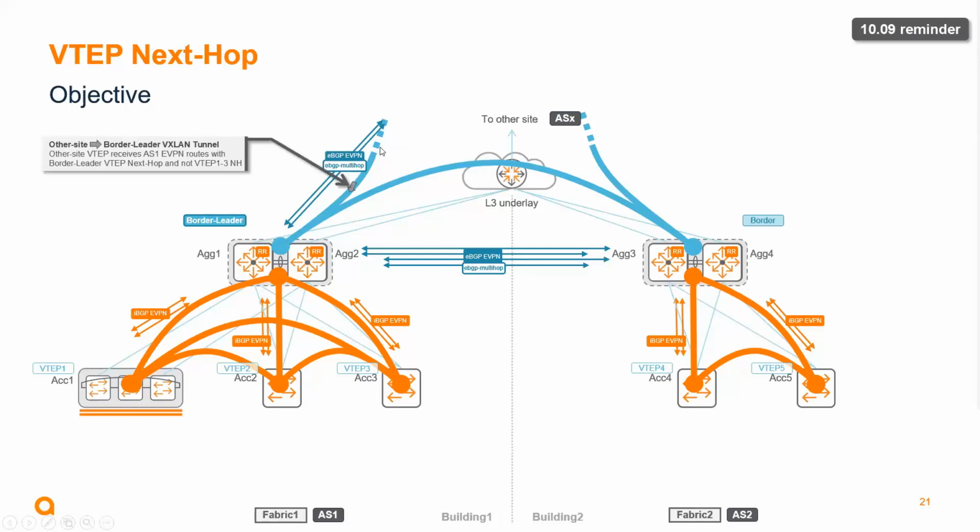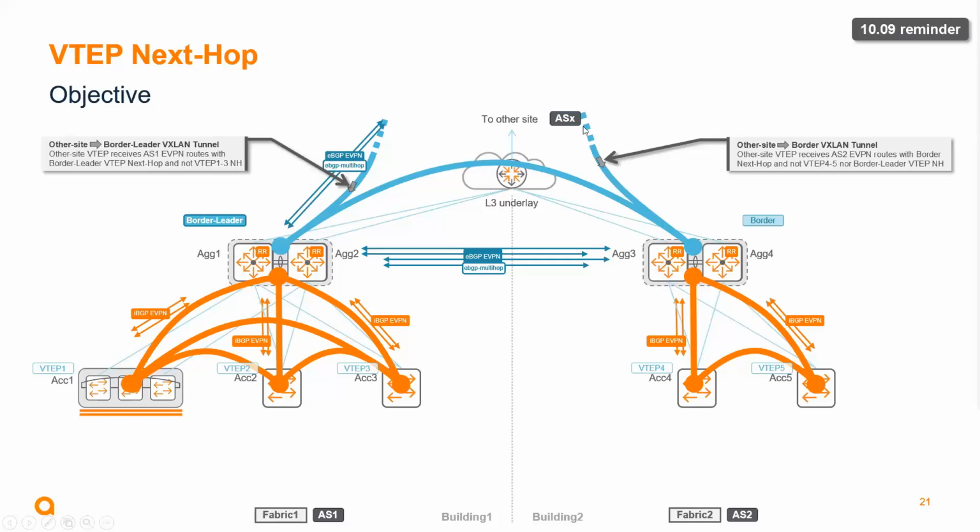So we want to have the EVPN routes of autonomous system number 1 received on the top VTEP here, which is not shown on the picture, but you can imagine it, with the border leader VTEP as the next hop. And you do not want the next hop being the internal VTEP 1, VTEP 2, and VTEP 3. Right? So this is the objective.